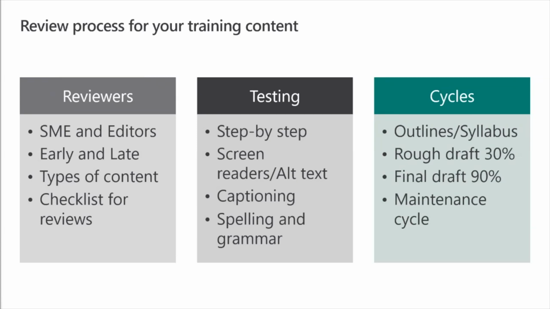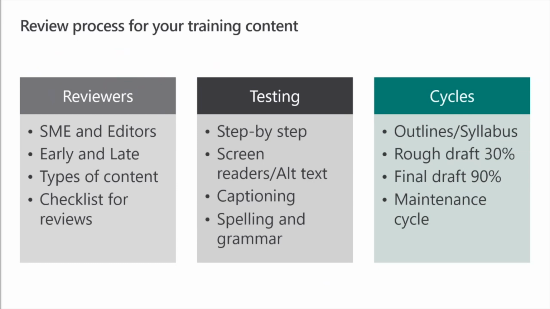And so the last slide to talk about here is the review process for your training content. So you need to think about who your reviewers are. So SMEs and editors, early, that 30-90 concept that we talked about, so early reviews and late reviews, and the types of content. If someone's reviewing a video, they're going to be watching the video and giving either verbal or written feedback to someone.